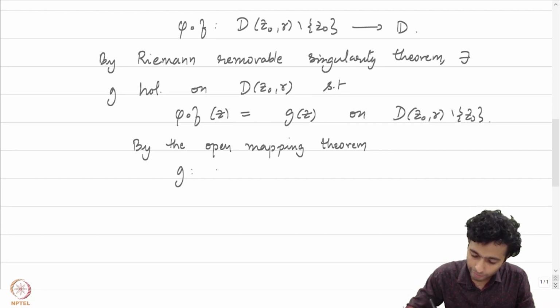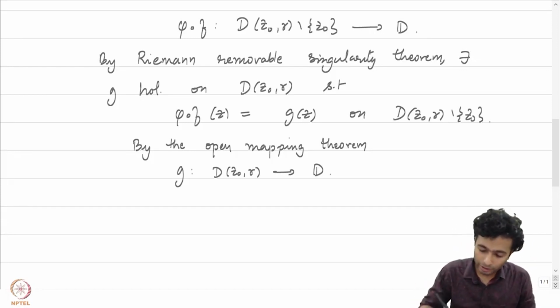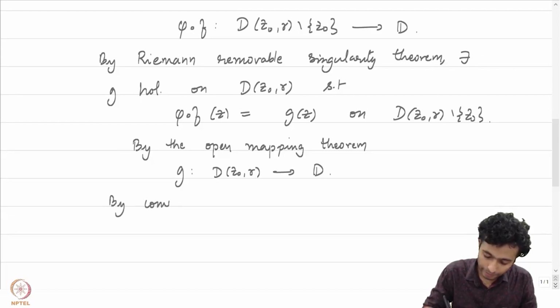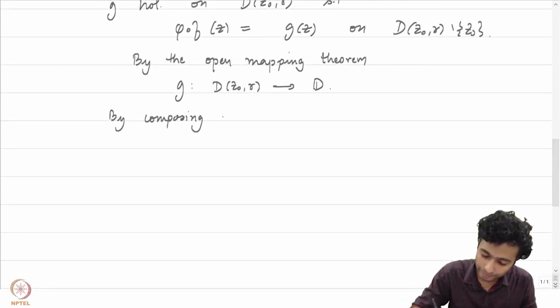g is going to be a map from D(z0, R) into the unit disk. That is good because now if you compose with phi inverse, which is a map from D to H, this composition makes sense.